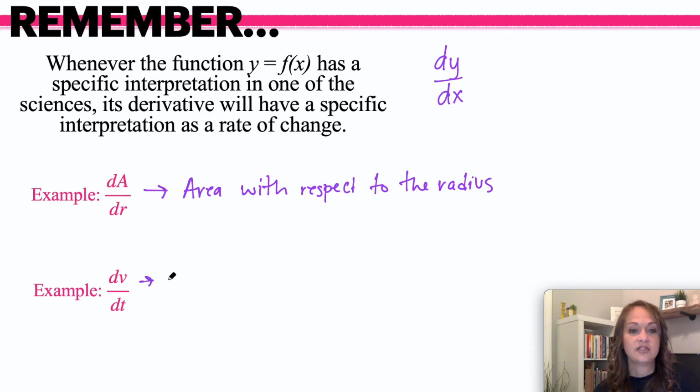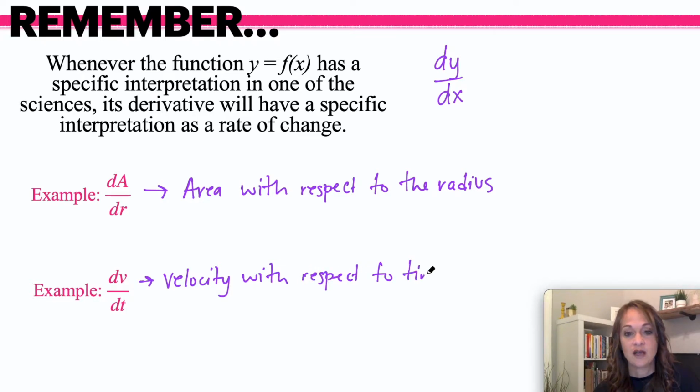Or in this case, you could say that the velocity with respect to time. The derivative is the same. dA over dr is just like dy over dx. So y with respect to x, you're going to have very specific types of interpretations depending on the word problems that we are going to be dealing with.